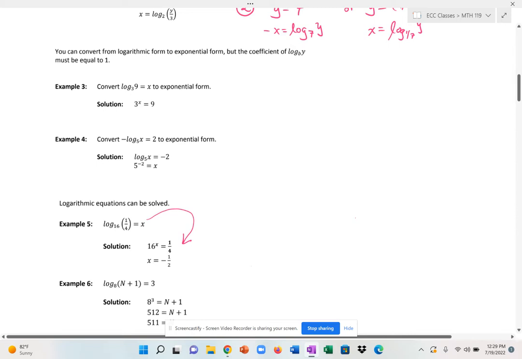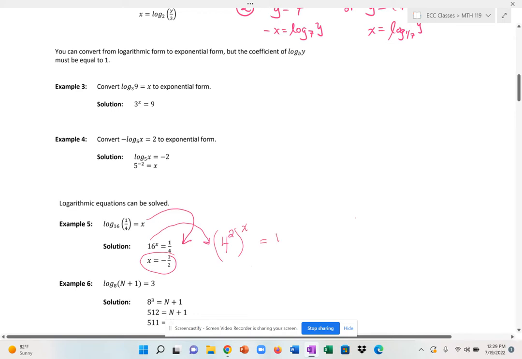Now, why is that? If you know your rules for exponents really well, you might be able to come up with that without doing too much work. But I know that 16 is the same as 4 to the second power, raised to the x.